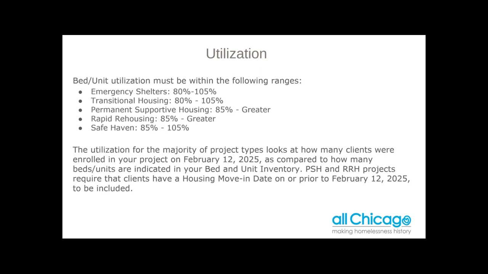In those three instances, you might see the clients in your report because they're included in the other data elements. They're just not going to be included in utilization without that housing move-in date.